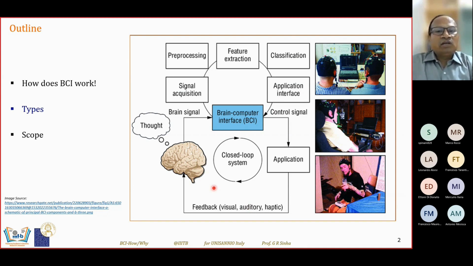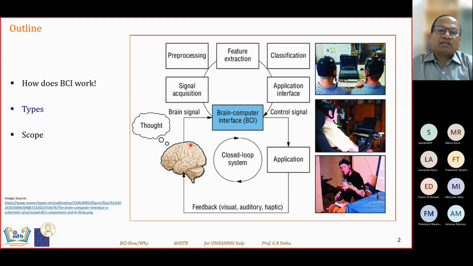I was telling you that in healthcare, even the correction of some disability or abnormality in the brain signal is possible by sending back visual or auditory or haptic kind of signal to the brain. It is kind of reverse engineering.